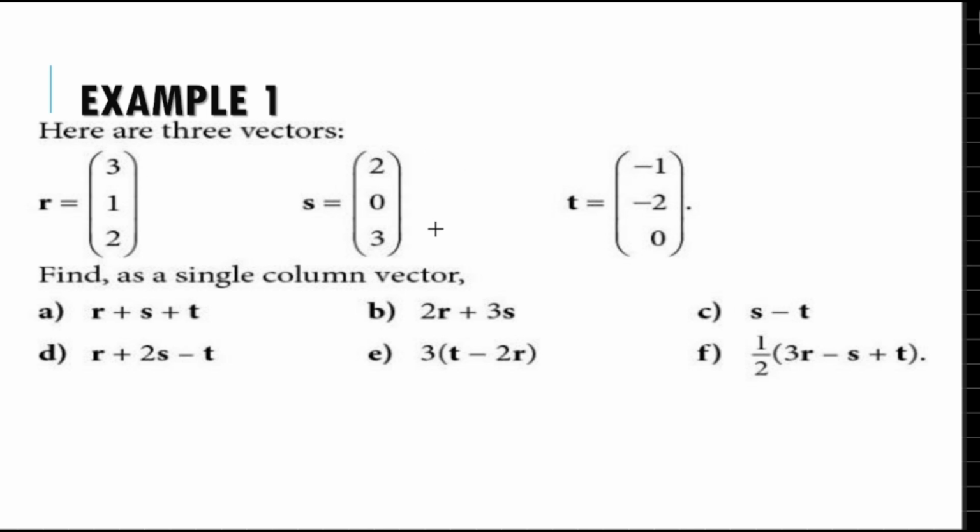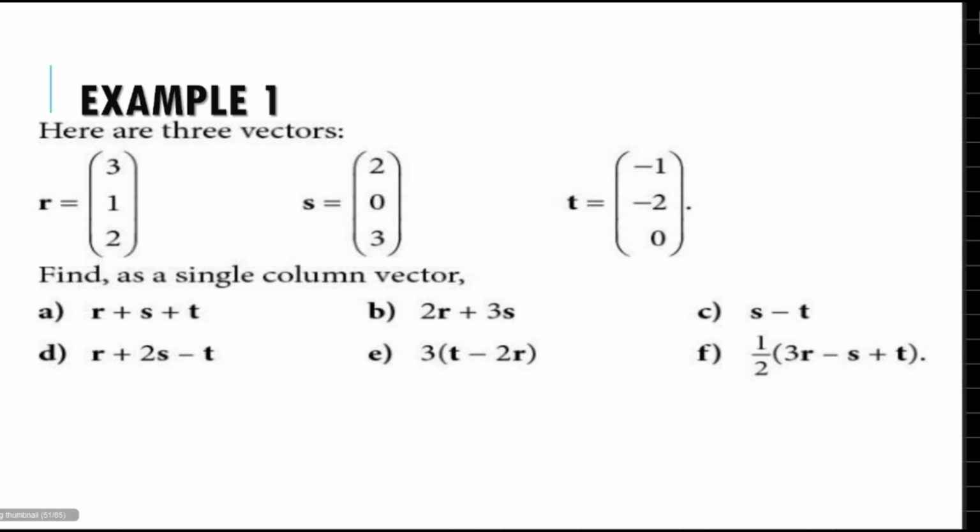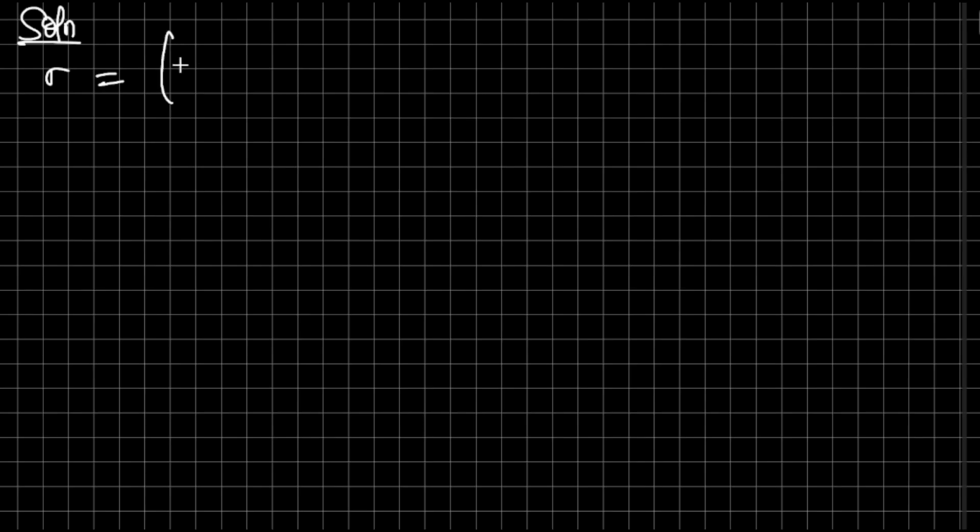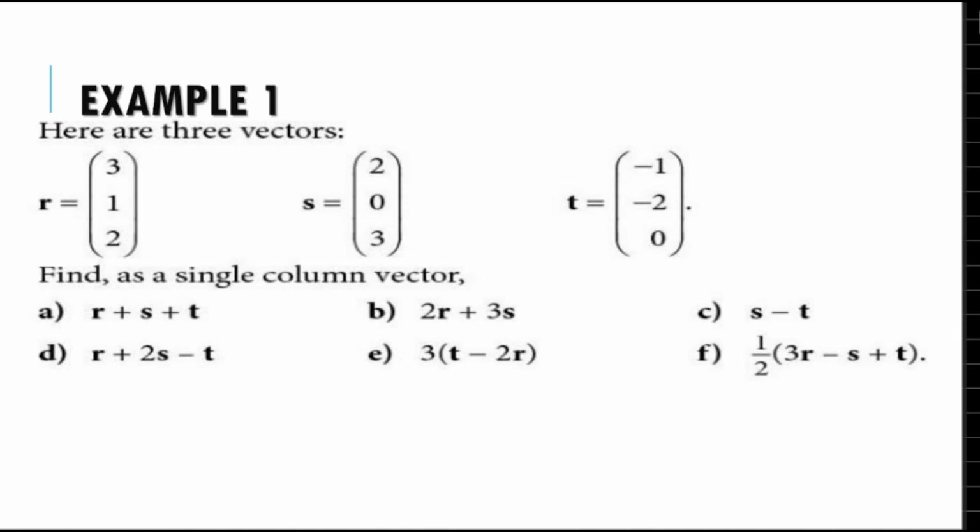So here are three vectors, R, S, T. Find as a single column vector R plus S plus T. Let's write it down and take it one after the other. Vector R equals (3, 1, 2). Vector S equals (2, 0, 3).